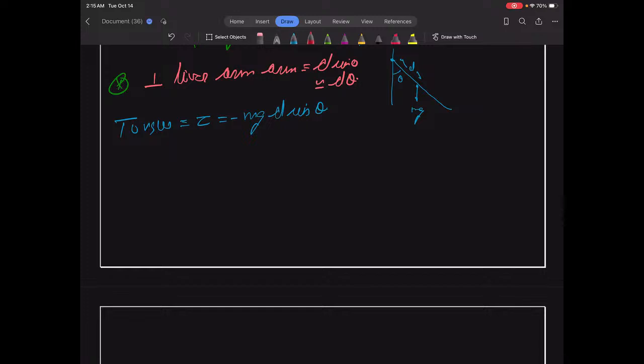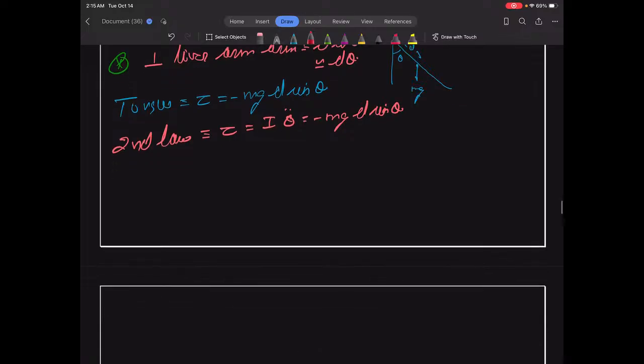Okay. And according to Newton's second law of rotation, torque will be equal to our I and double derivative of theta. Okay. And that will be equal to our minus mg d sine of theta. Okay.